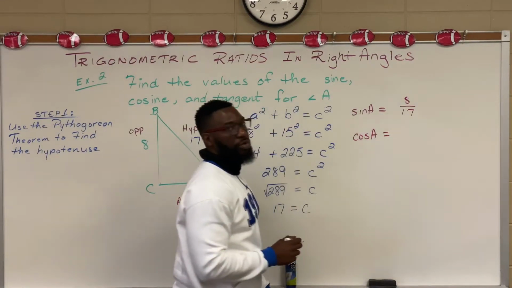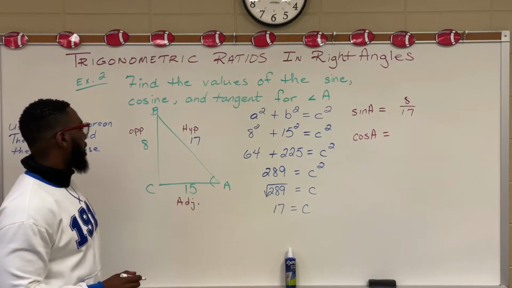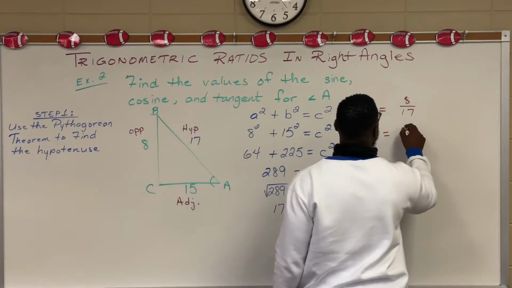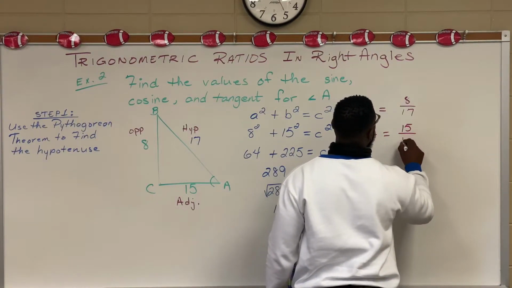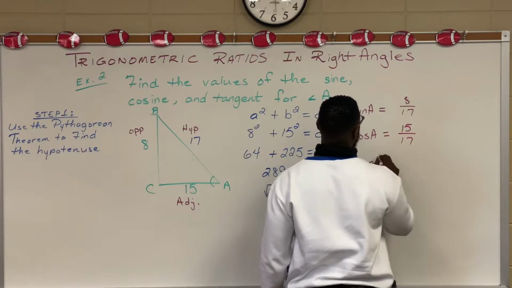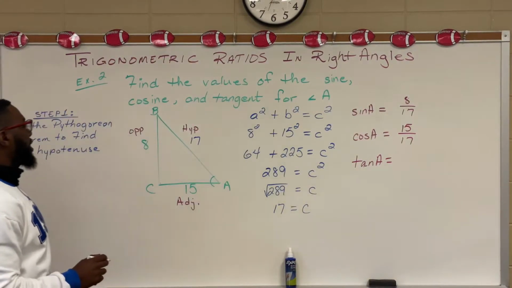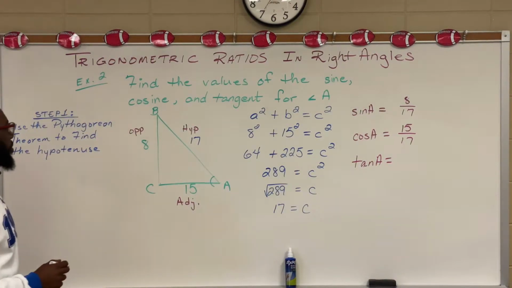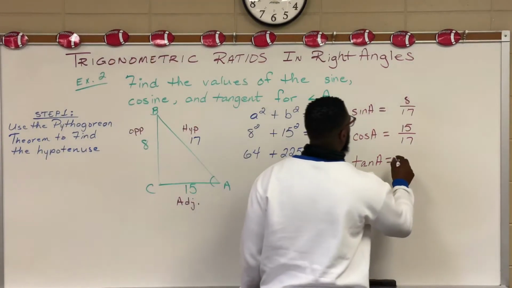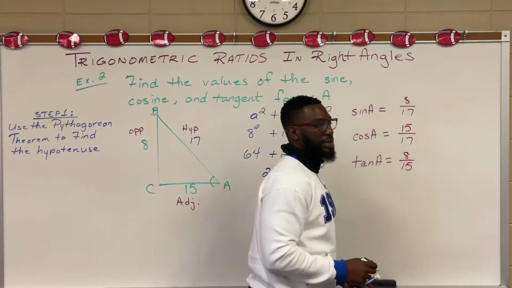Cosine of A equals adjacent over hypotenuse, 15 over 17. And the tangent equals opposite over adjacent, which is 8 over 15.